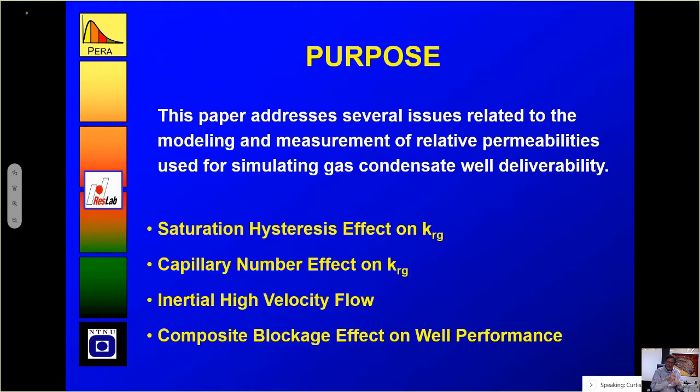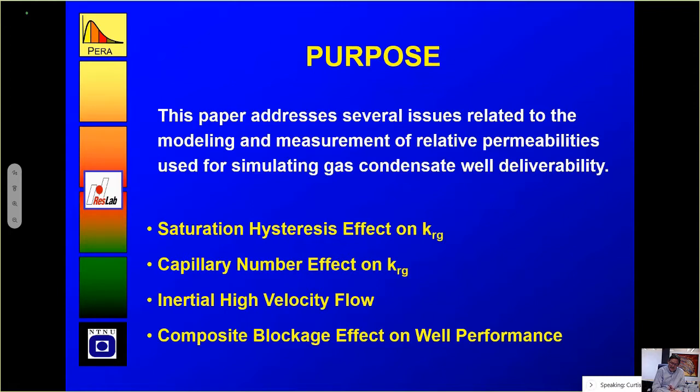Of course, if it had an effect, life would get much more complicated, just like anytime you have hysteresis being important to the rel perm, you have a big problem because there are no really good rel perm models out there that handle hysteresis. So it ends up it didn't have an effect, at least not a significant effect.